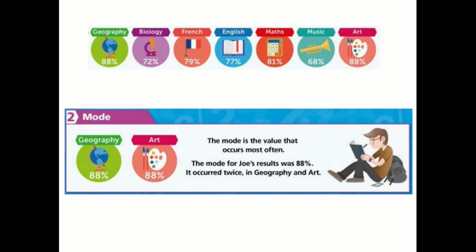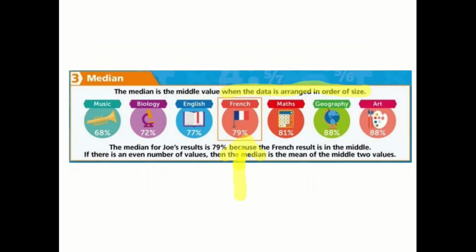So we've looked at 2 types of average. We've seen the mean and we've seen the mode. And there's another type of average, the median. The median is the middle value when the data is arranged in order of size. So he's got all his test results here and he's ordered them from smallest, that was his lowest score in music, all the way up to his highest score in art and geography.